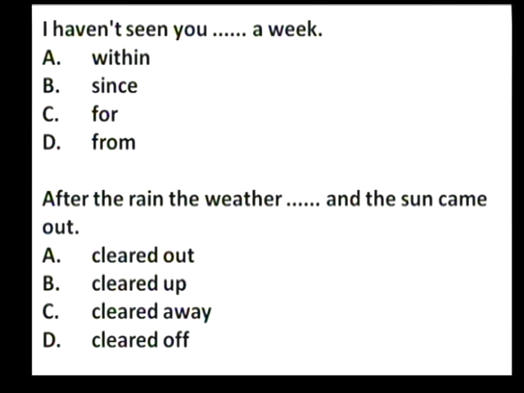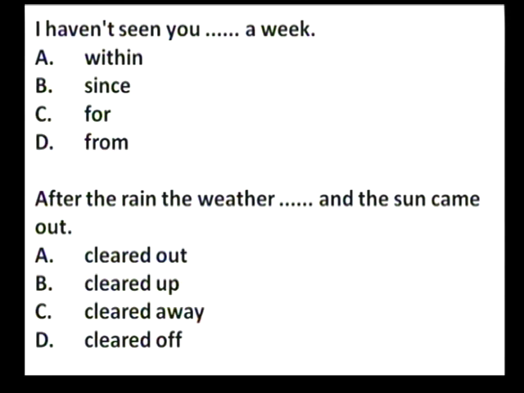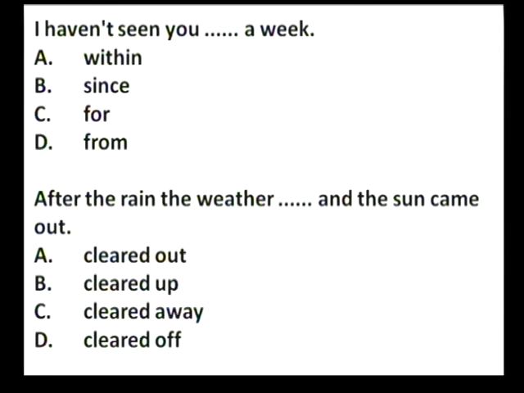I haven't seen you dash a week: within a week, since a week, for a week, from a week. I haven't seen you for a week. Now since is used when the time is still continuing, okay? Now you have finally met the person, which means the time has ended. So you will use for.